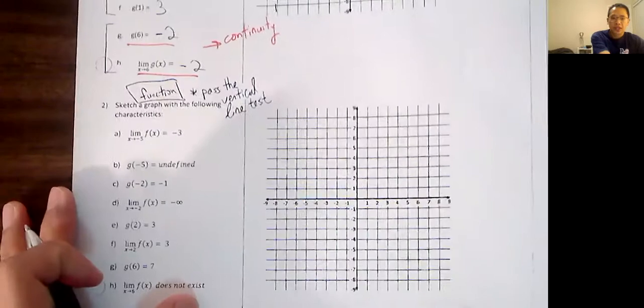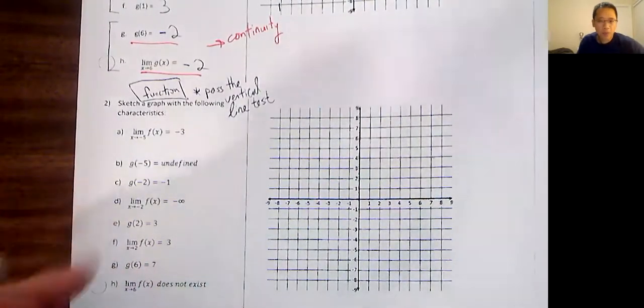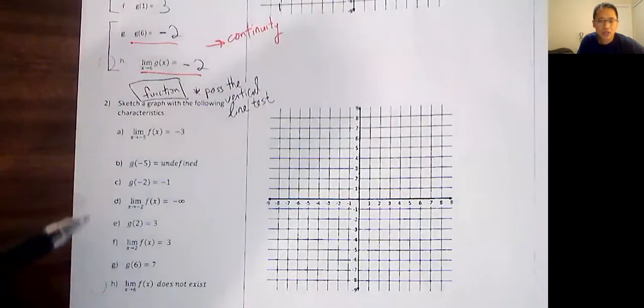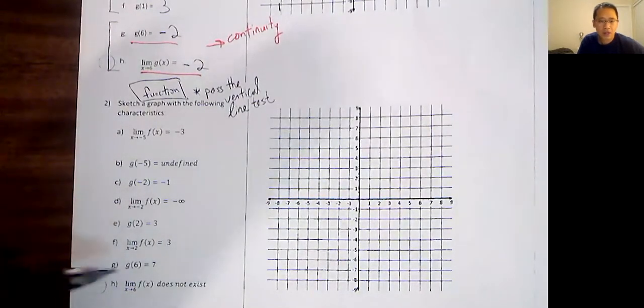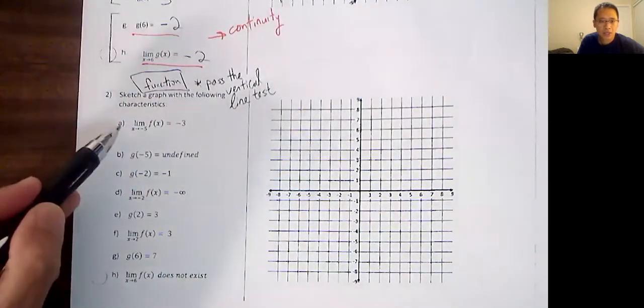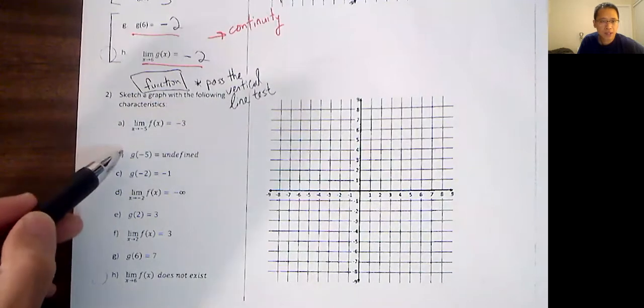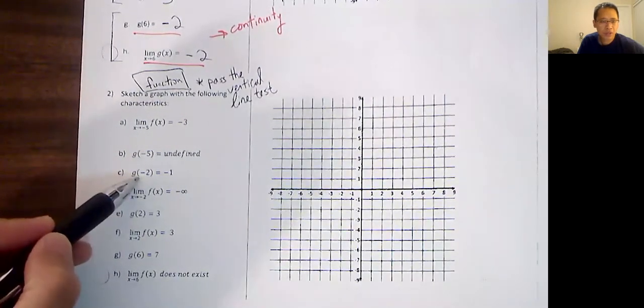So the strategy that I'm going to take with this type of problem is I just want to do the easiest things first. So I'm going to go ahead and knock out the ordered pairs. Those are easy, right? So I'll leave the limit for later, but I'm going to take care of the easy ones first. So g of -2 equals -1.